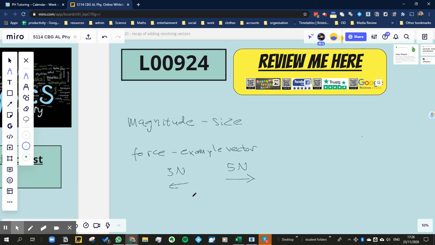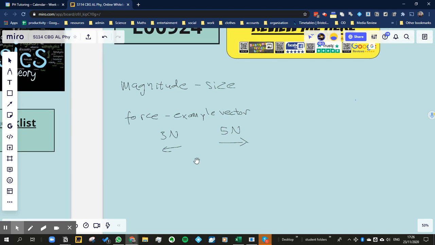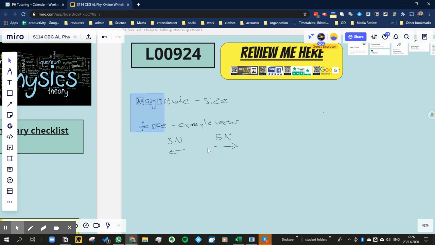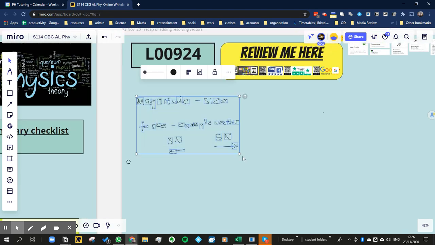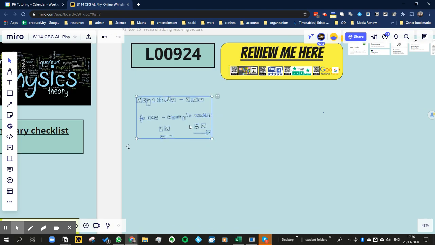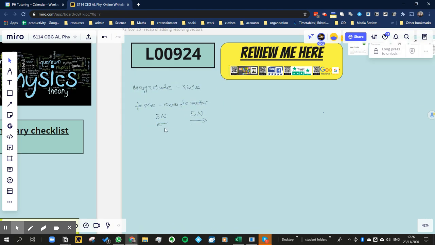So we've done this already, and this is fairly basic stuff at this point. We've done this for a while. So we then went on to say, well, how can we add vectors that aren't along the same dimension? So this is along the horizontal dimension. How would we add vectors if it was going along 2 different dimensions? And we did an example of adding displacement.